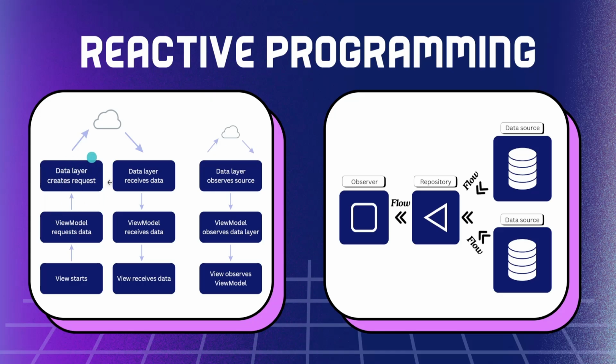In imperative programming, everything starts from the view. It can be a click by the user. Then the view model requests the data from the data layer. And the data layer creates a request and passes it to the data source. Then, if there is data in the data source, we will receive it in the data layer, and it will be given to the view model.